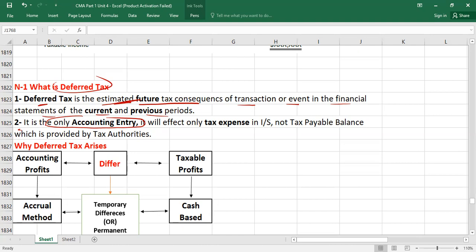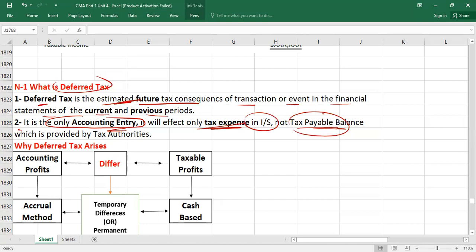That is why it is only an accounting entry. It will affect only tax expense in the income statement. Please remember, this accounting entry is not going to affect the actual tax which you are going to pay to the tax authorities. The tax authorities will tell you how much you actually have to pay.